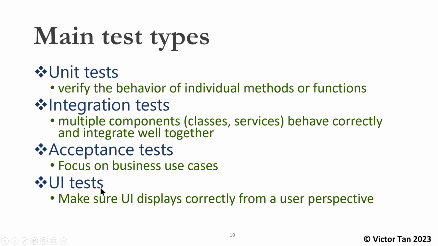Then you also need to have UI tests. This is particularly important if you are writing a web app, like a social media app or an e-commerce app. Anything that involves people working with your app through a browser, you need to have a UI test.